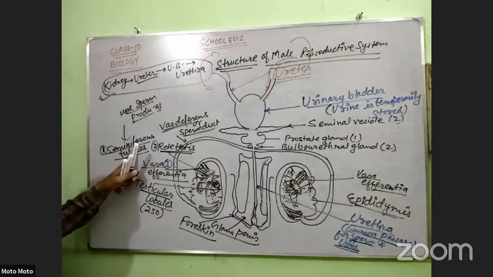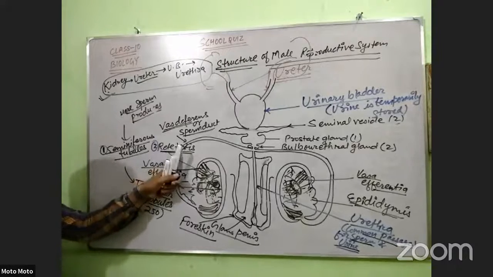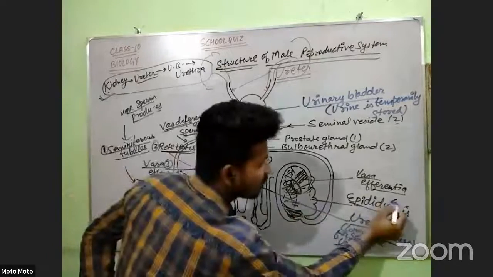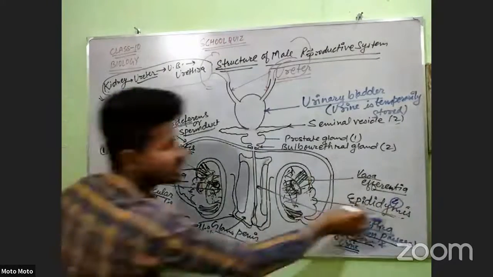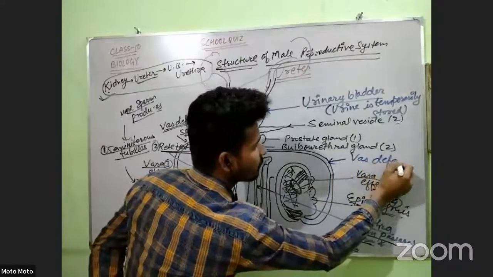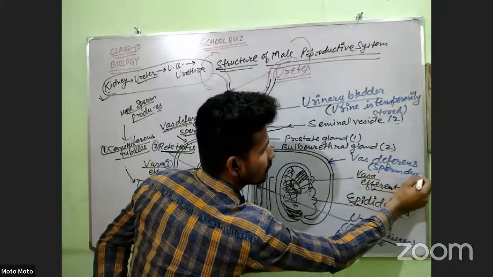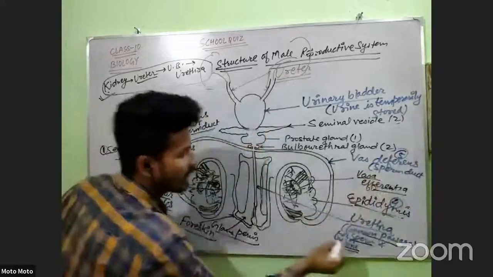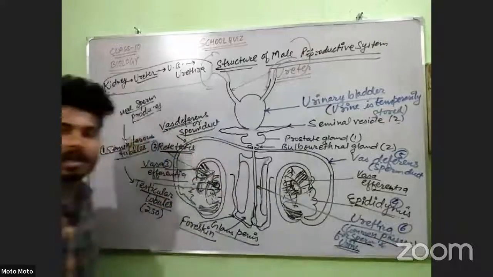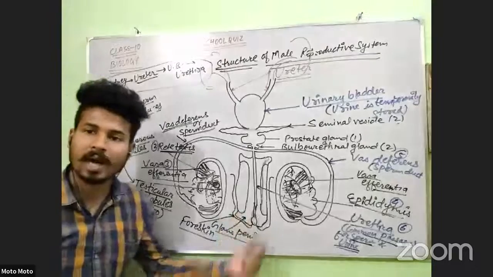The vasa efferentia takes it into the epididymis, and the epididymis eventually takes it into the vas deferens or sperm duct. Then it shifts into the urethral opening, and it will be ejaculated out.